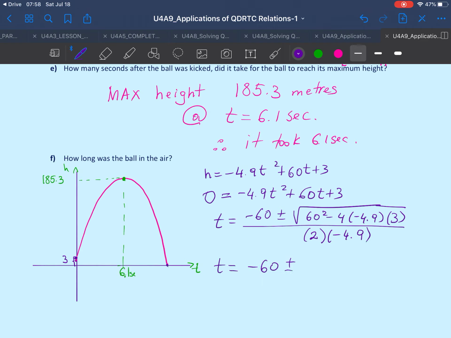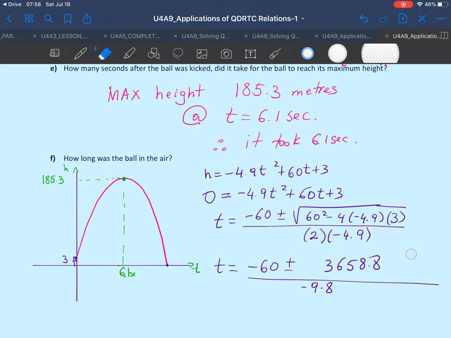So negative 60 plus or minus, and here we go again, square root of 60 squared minus 4 times negative 4.9 times 3. So that's 3,658.8 divided by negative 9.8.